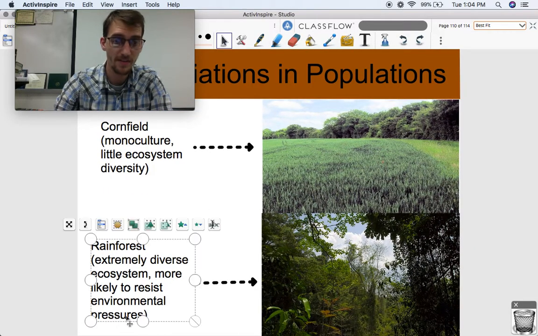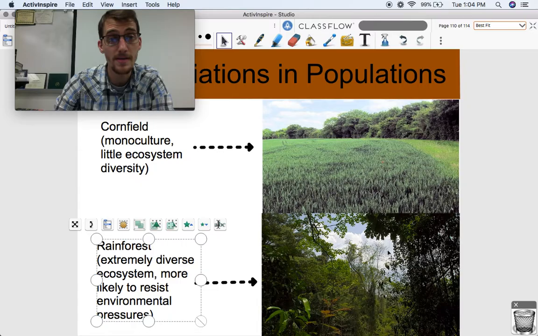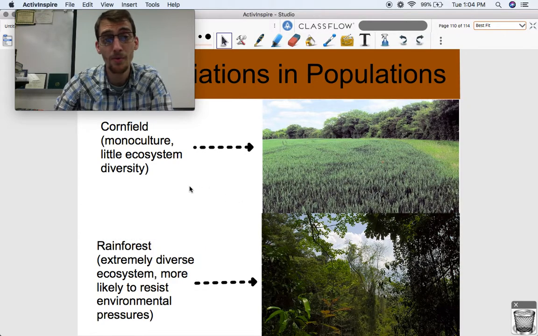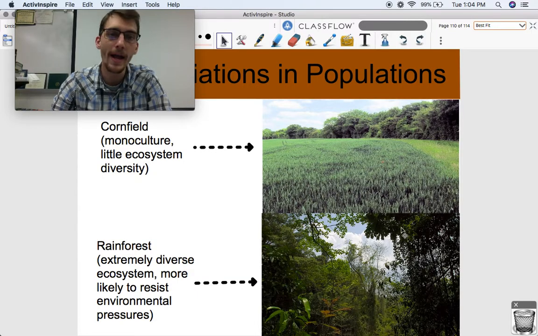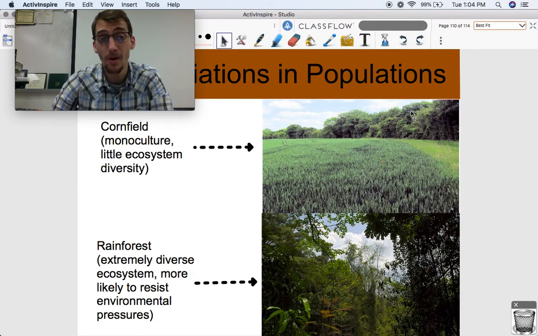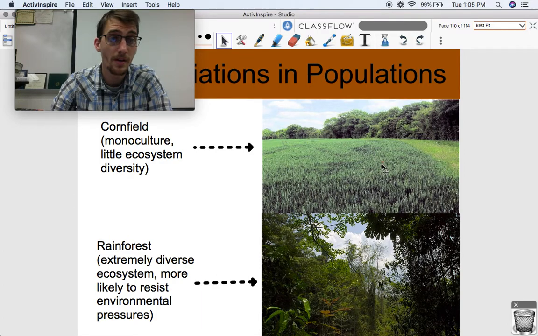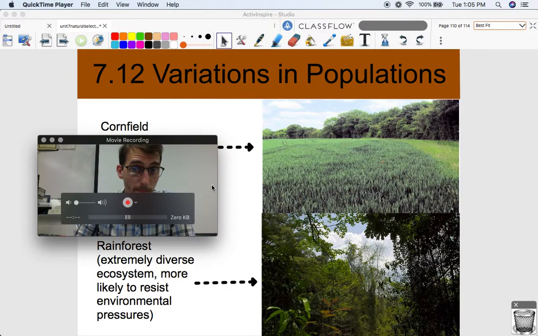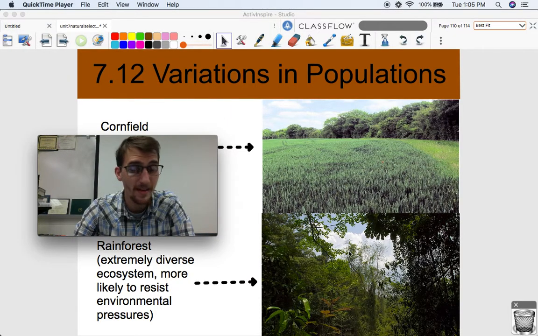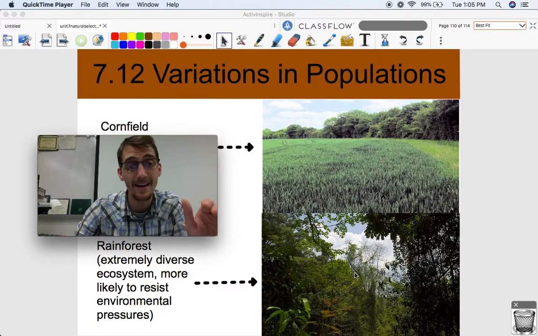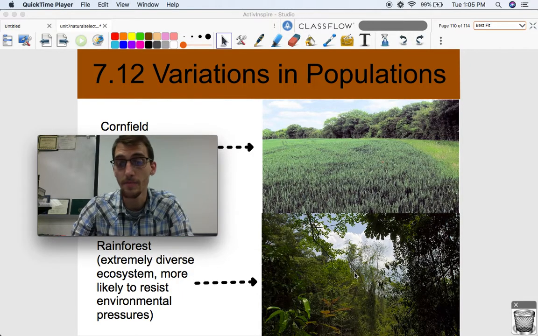There's a ton of ecosystem diversity in a tropical rainforest, but not necessarily in a cornfield. So which one might be more at risk for an environmental change? Well, one would say the monoculture in the cornfield, because there's much less diversity between the organisms in this ecosystem than there is in the rainforest. In the rainforest, there's a higher chance of there being some species that are going to be better adapted to an environmental change than over here.